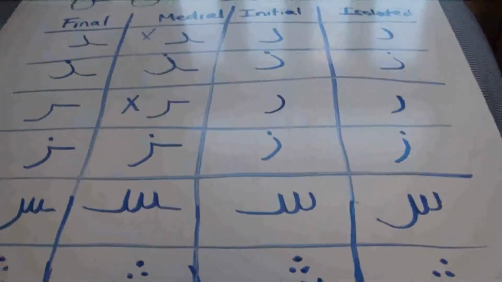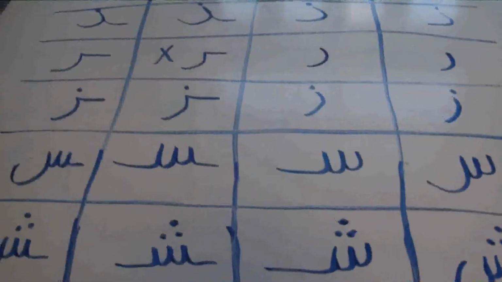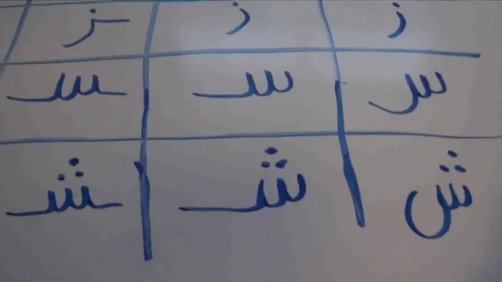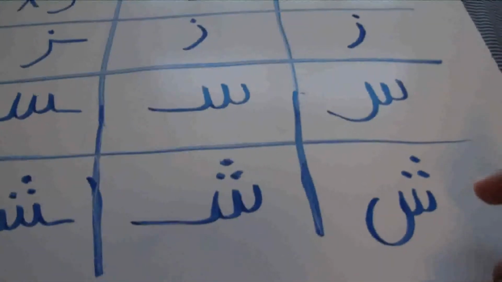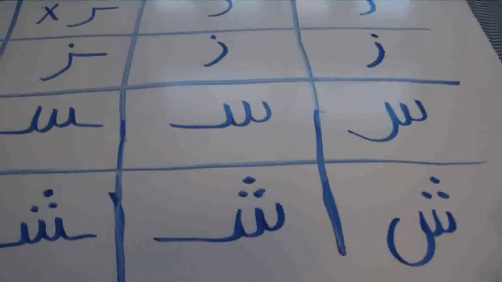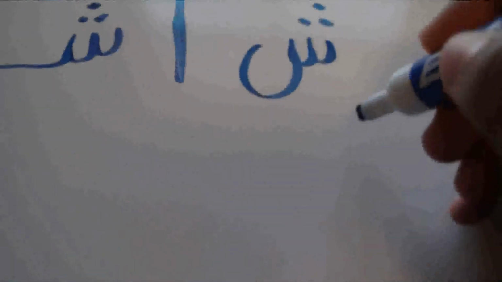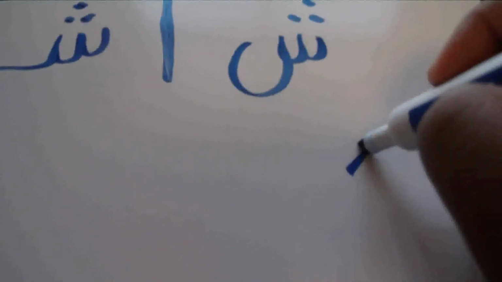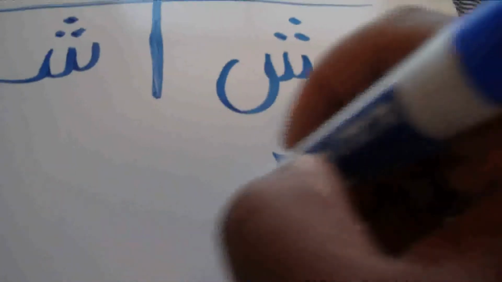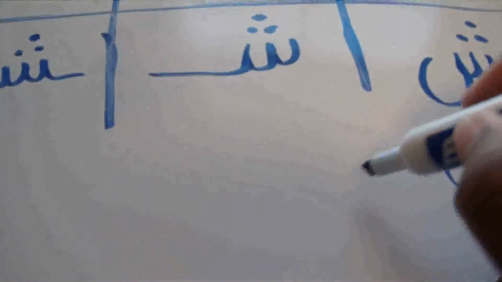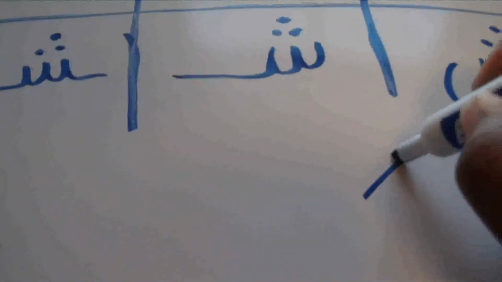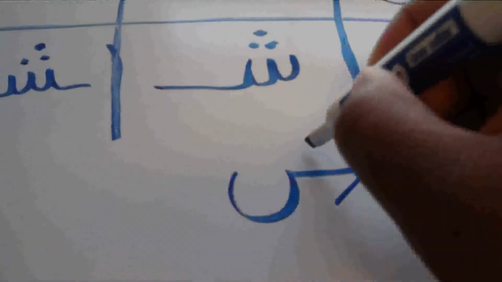Okay. One quick tip on style. As far as the letters Siin and Shiin are concerned, some people may just write it like this. So you may see the Siin written like this, and the Shiin like this.